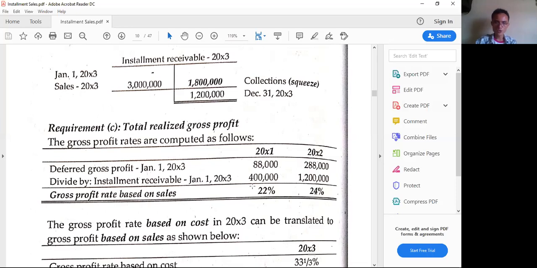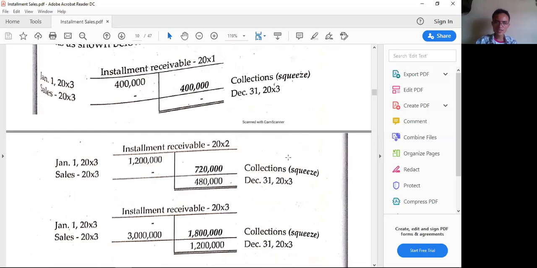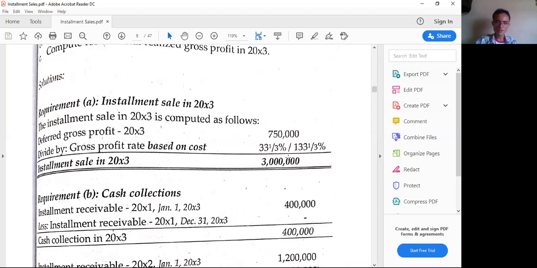Okay, so we have here 88 over 400 in thousands and 288 over 1,200. Okay, so you have here 22% and 24% respectively. All right, and then 25% here for the installment sale on 20x3.